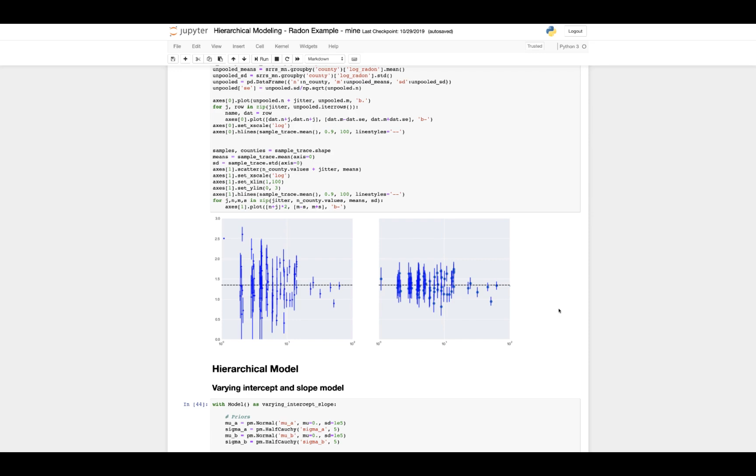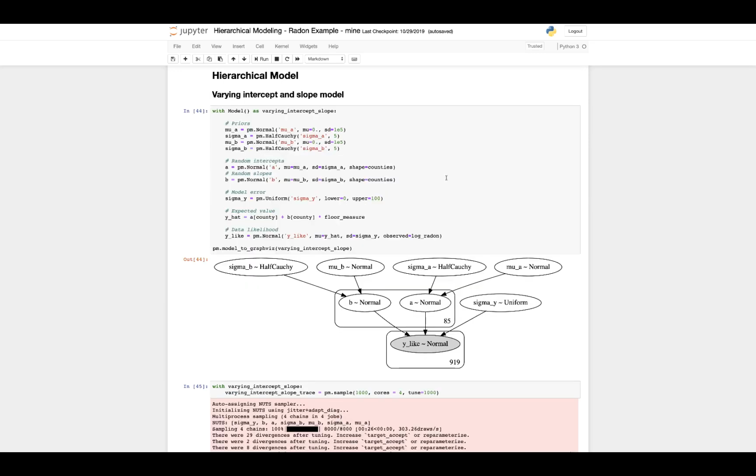Okay, so let's next look at the hierarchical model. For the full hierarchical model, we have Gaussians for the prior distributions for each of the beta parameters, and we also have distributions, half Cauchys, for the variance of those 2 parameters.